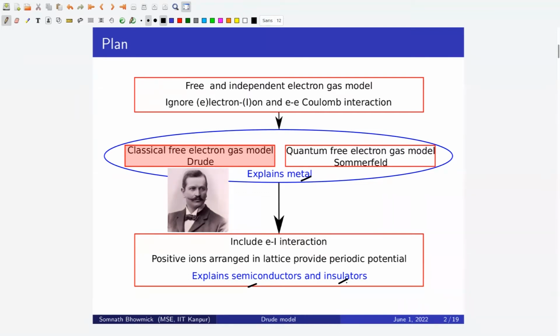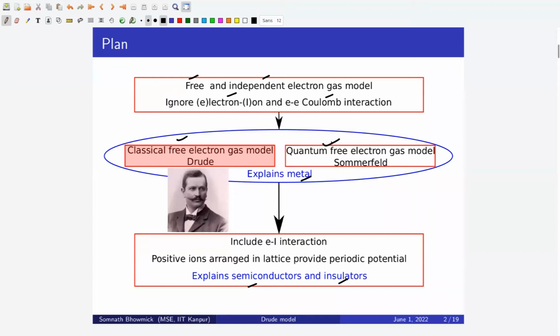Metals can be understood to some extent by using free and independent electron gas model. Free electron model ignores electron-ion interaction and independent electron model ignores electron-electron interaction. Free and independent electrons can be discussed at two different levels: classical and quantum.